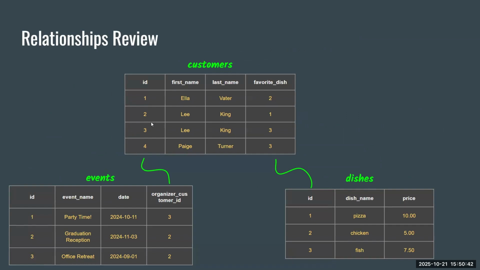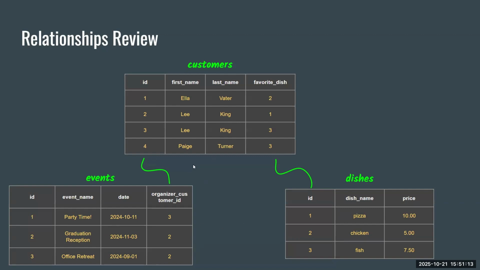And so one customer can organize many events, right? So we've got customer number 2, Lee King, in our example diagram here, organizing 2 events. That's a possibility in a restaurant, right? Because we want a single customer to be able to organize multiple events, maybe even recurring events. That would be great. More money for us, hooray.